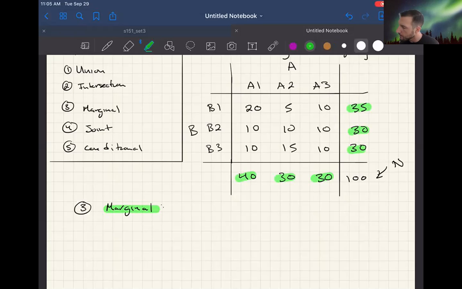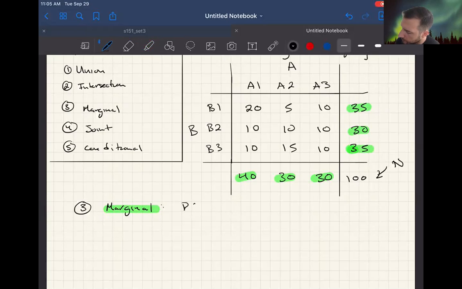Thank you, Rebecca, that's 35 for row B3. We have 6 different marginals here.